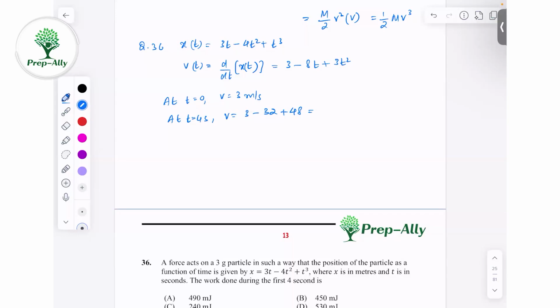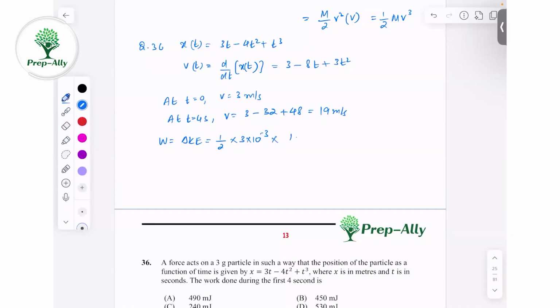That is going to be 16 minus 16 plus 3, 19 meter per second. Now, work done is equal to change in kinetic energy. We have learned the work energy theorem. So it's going to be half, mass is 3 grams, so 10 power minus 3 kg into V.